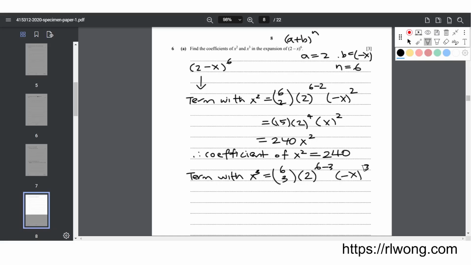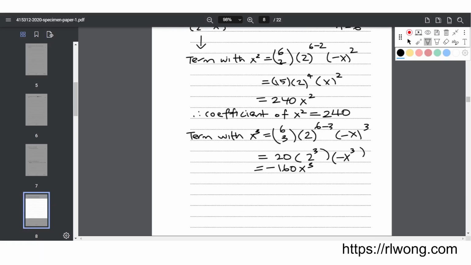So 6 choose 3 is 20. Then I need to multiply by 2 cubed. Minus x cubed is essentially minus x cubed. So next I take 20 times 8 times negative 1 from the minus x cubed. I'll get minus 160x cubed. So therefore, the coefficient of x cubed is equal to negative 160. All right.